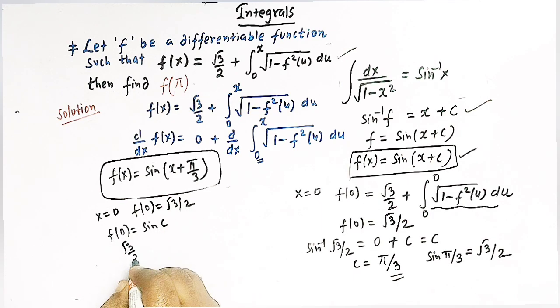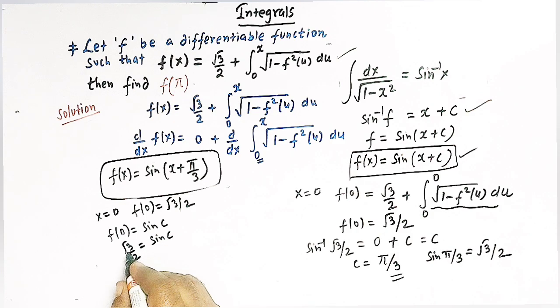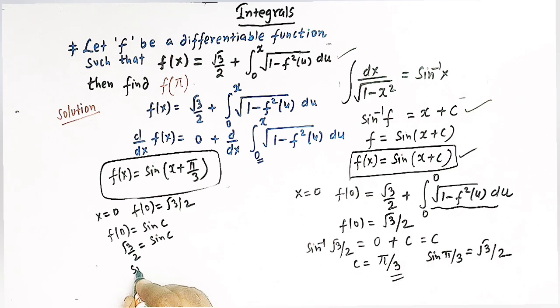So here we have root 3 over 2 is equal to sine c, right? And root 3 over 2 is equal to sine pi by 3, and we now have this trigonometric equation, sine c is equal to sine pi by 3, right?